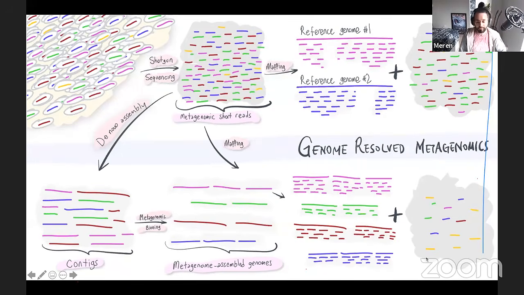Those may be coming from organisms that are low abundance, so we couldn't assemble or bin. They could be coming from certain genomic regions. I intentionally put these blue reads here because even though we have a MAG represented by color blue, there may be regions in this genome that are not well assembled and therefore left behind. And there are going to be reads that are not fully characterized.